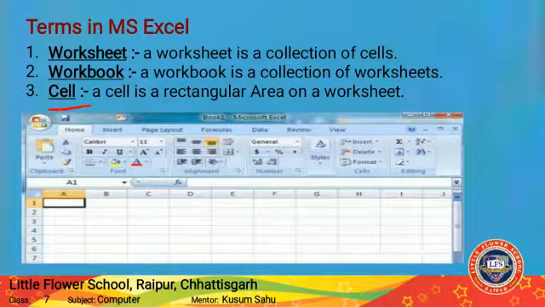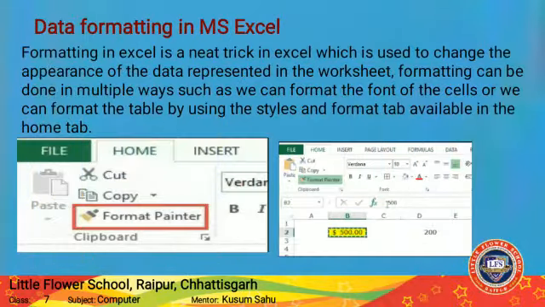So after maintaining that kind of table or records, now come to the next term, that is data formatting in MS Excel. What do you mean by data formatting? Formatting in Excel is a neat trick which is used to change the appearance of the data represented in the worksheet.